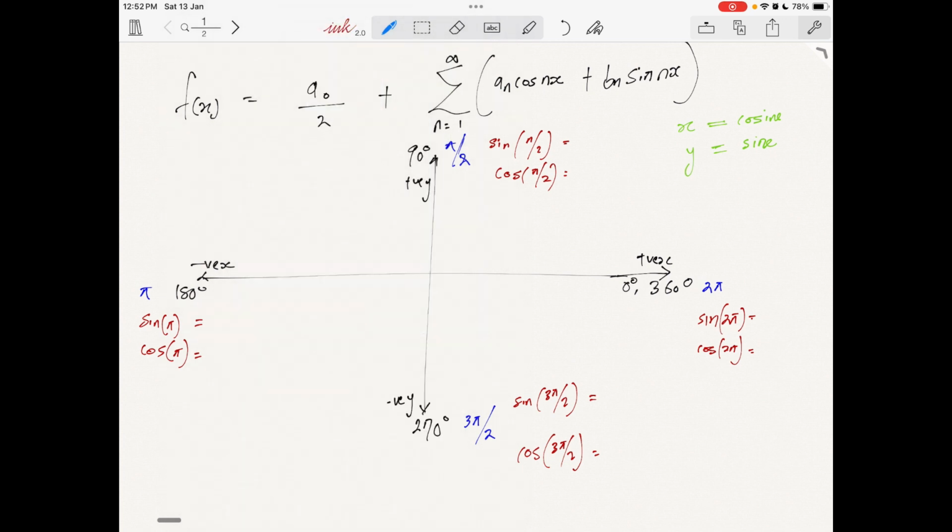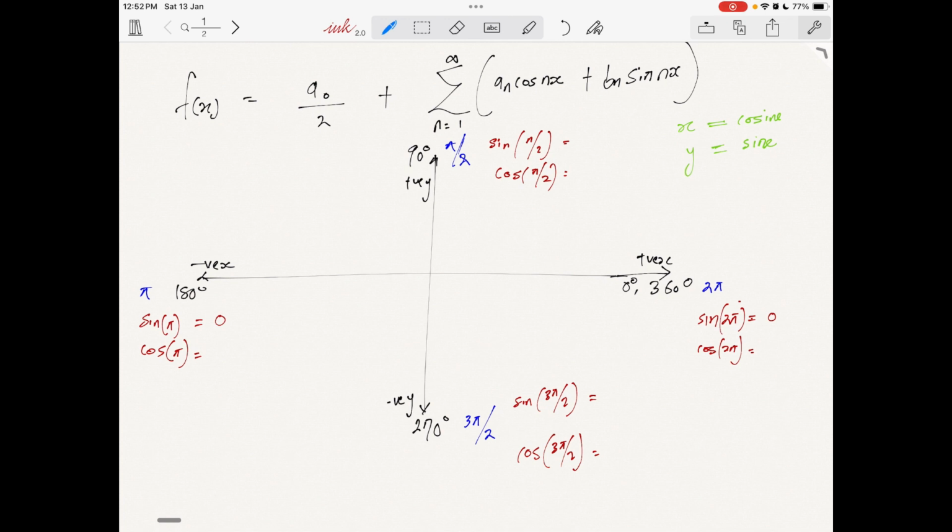So any form of sine on the x-axis is 0. Since 2 pi and pi fall on the x-axis, definitely sine pi and sine 2 pi are equal to 0, because the x-axis belongs to the cosine.